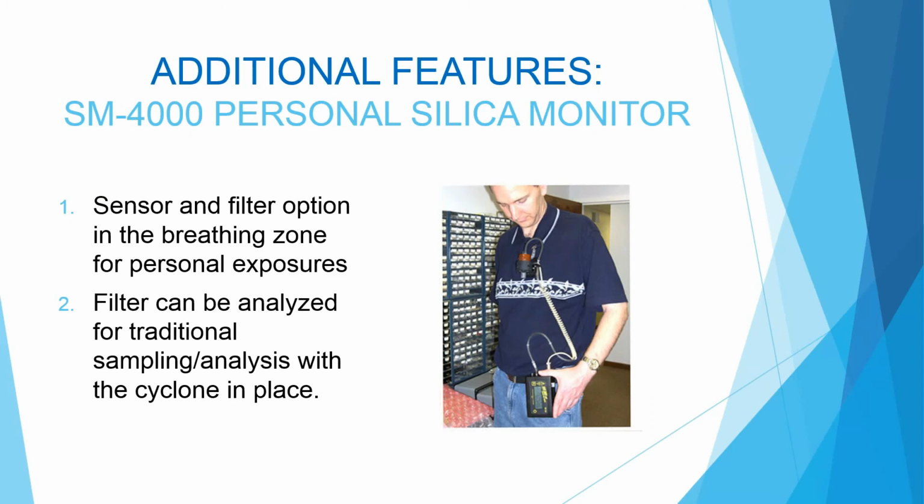A lot of the dust monitors on the market, you wear them on the hip, but it's nowhere near the breathing zone. And the cyclone used in conjunction with the monitor allows for respirable dust measurements not only by the sensor, but for the filter sample to be analyzed by the lab if you wish to do that.